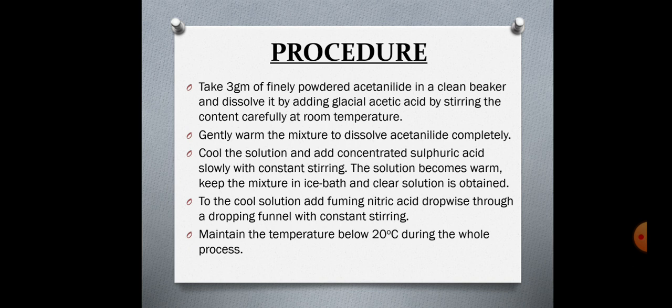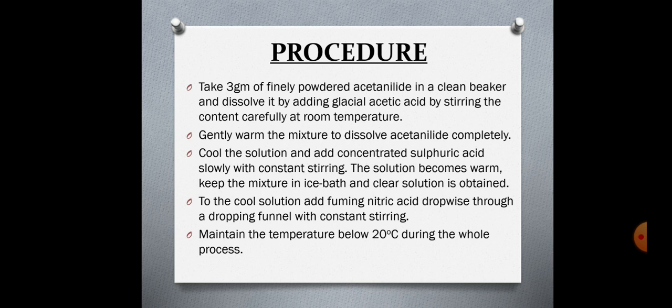For the procedure, take 3 gram of finely powdered acetanilide in a clean beaker and dissolve it by adding glacial acetic acid with constant stirring, and carefully the temperature should be maintained. Gently warm the mixture to dissolve acetanilide completely. For heating the solution, we require a hot water bath.